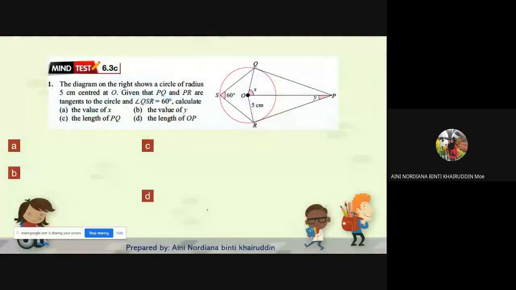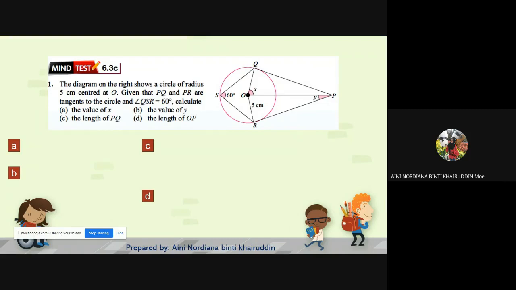Okay. Mind test 6.3C. Question number 1. The diagram on the right show a circle of radius 5 cm centered at O. Given that PQ and PR are tangent to the circle and angle QSR equals to 60 degree.